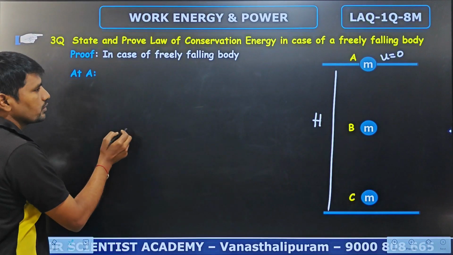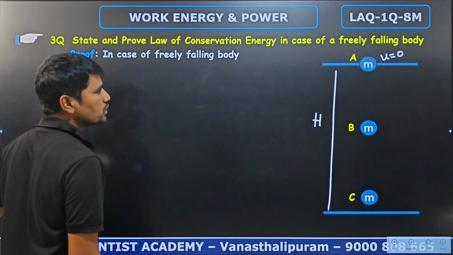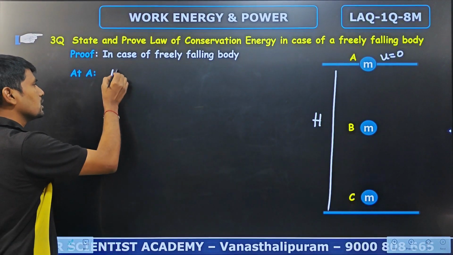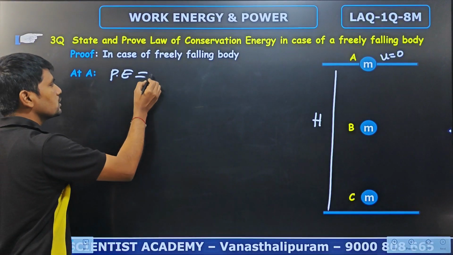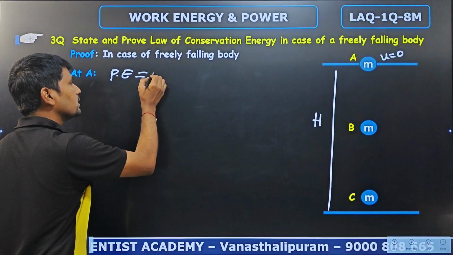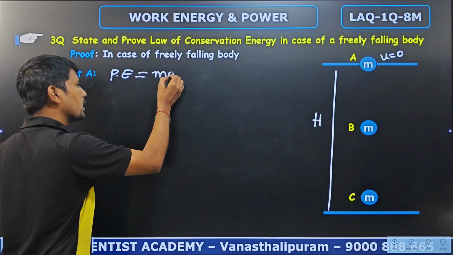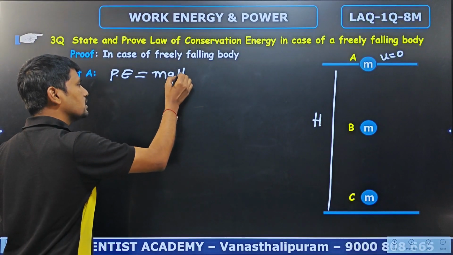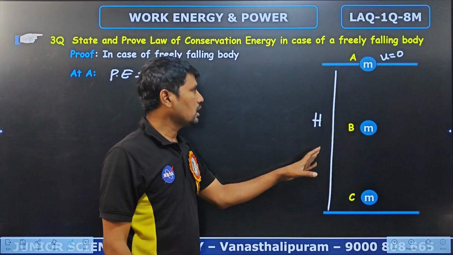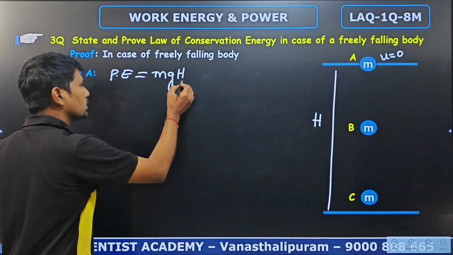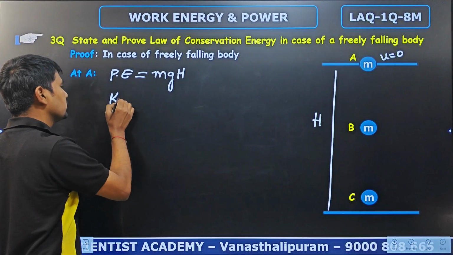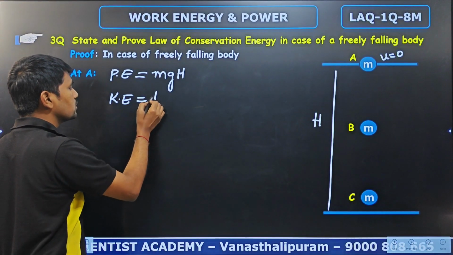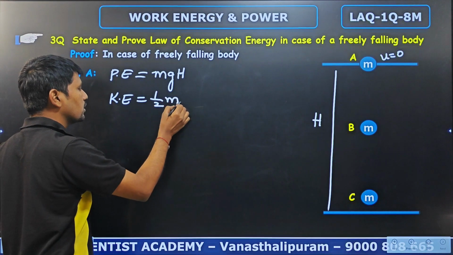So at a, you observe the total vertical motion. What is potential energy? The formula is mgh, where h is the height, capital H we have taken. The next one is kinetic energy. Kinetic energy KE is equal to half mv square.